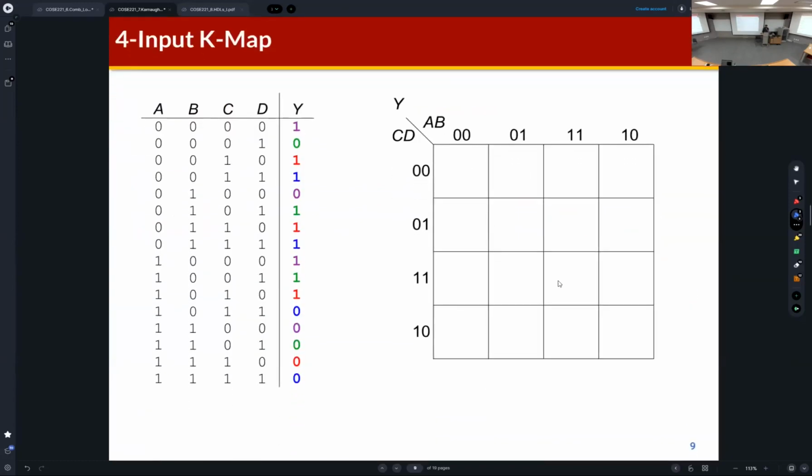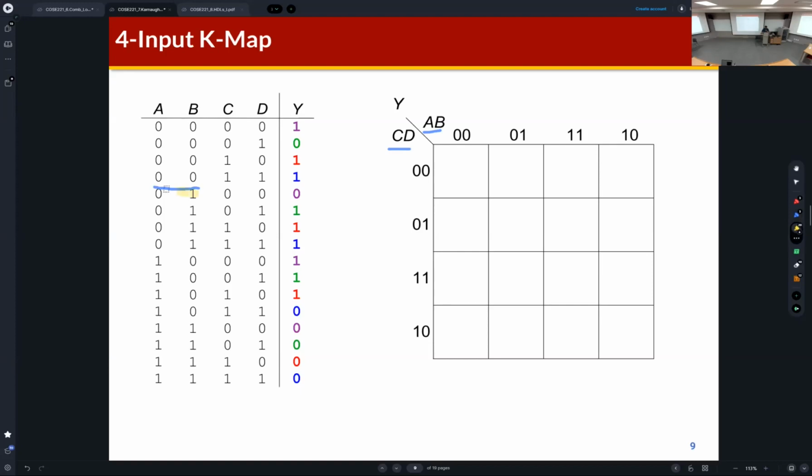Okay, so this is another example: the 4-input Karnaugh Map. The 4-input has the inputs A, B, and C, D. A, B here, and C, D is here. The AB 0 is here.